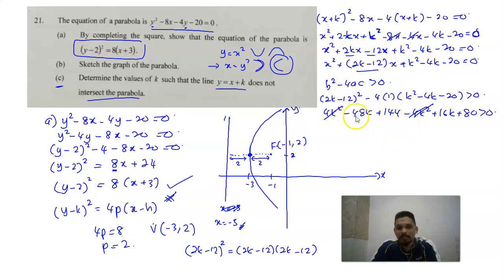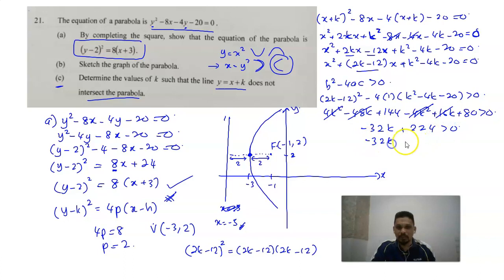Negative 48k plus 16k equal to negative 32k. And 144 plus 80 equal to 224, greater than 0.